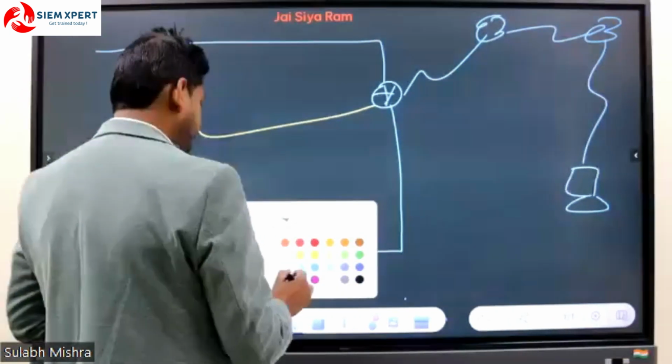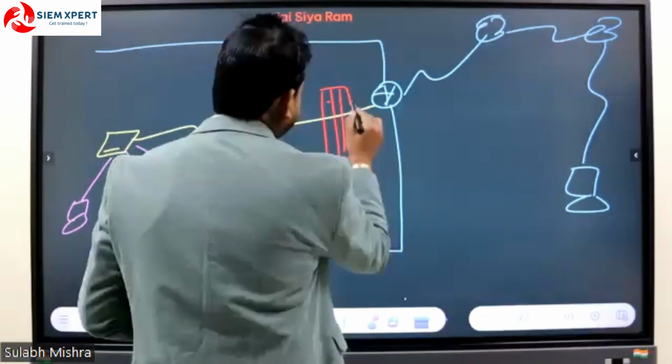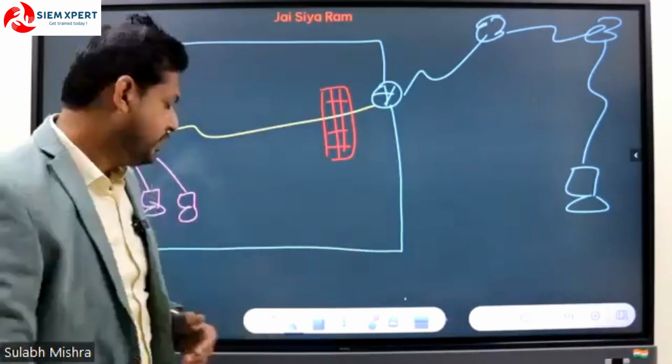So here you have the firewall, right? Email gateway and everything I'm not drawing right now.